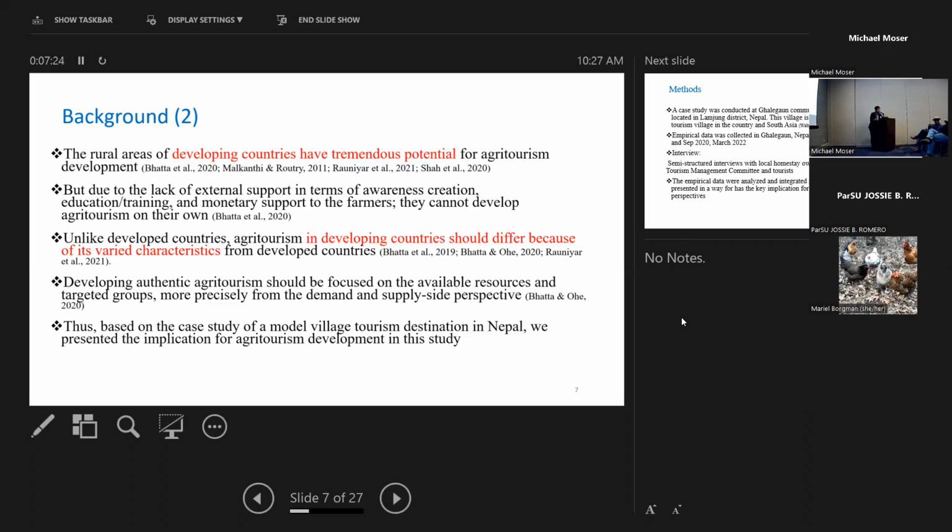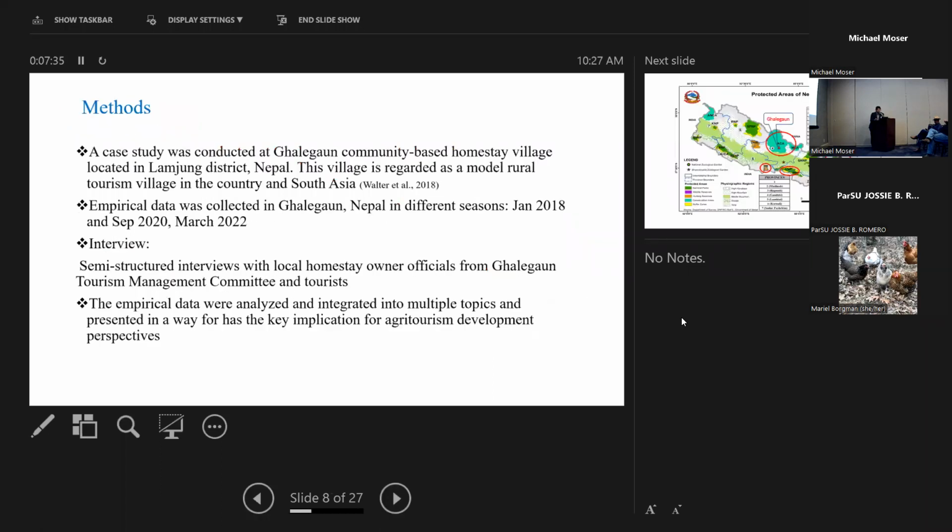Therefore, I conducted a case study of a model community-based homestay in Nepal and presented what can be done in agritourism in Nepal. A case study of Ghaleguan. I will come back to Ghaleguan, which is considered a model village tourism, a model rural tourism village not only in Nepal, but in South Asia.